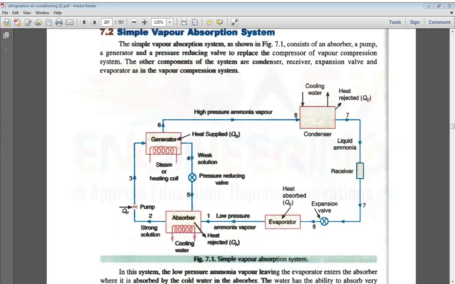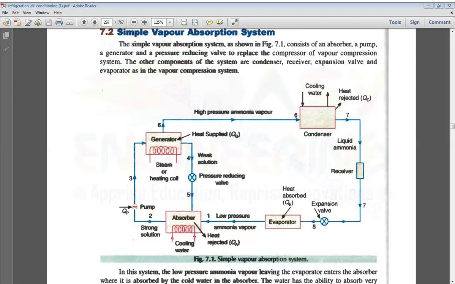The hot weak solution is converted to a low pressure and low temperature weak solution and enters the absorber. One major advantage is that this amount of heat is taken into the absorber itself.